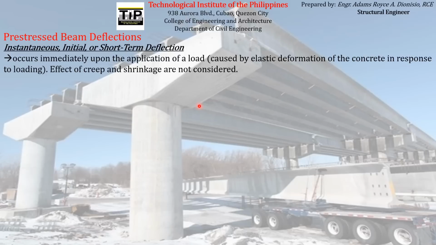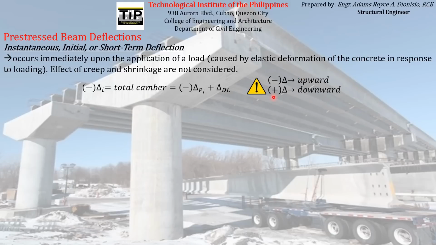Therefore, the formula for the total camber is equal to this formula, wherein the negative sign indicates that the deflection is going up, and the positive sign indicates that the deflection is going down, or it deflects downward. So that is the meaning of the signs that you are seeing here.